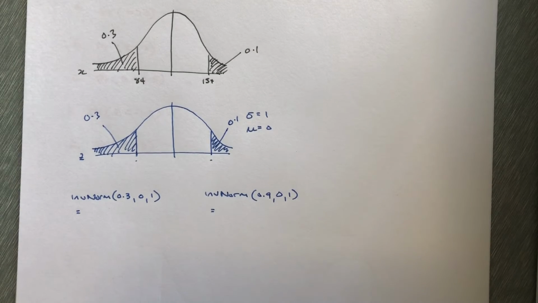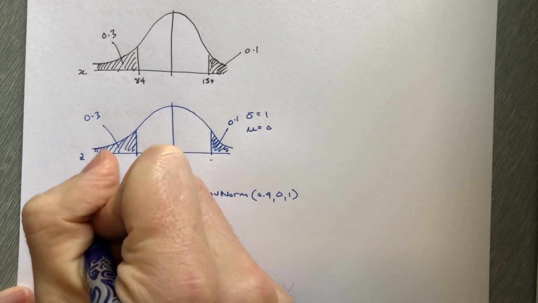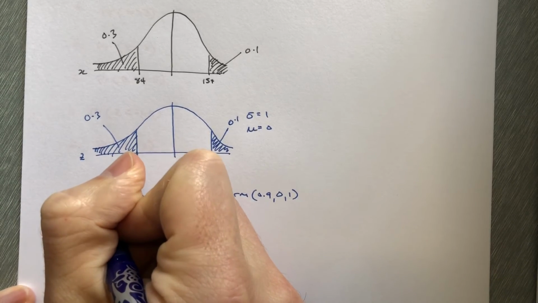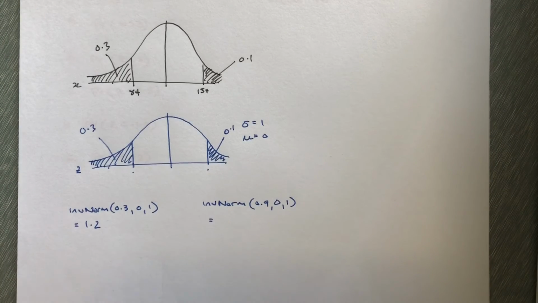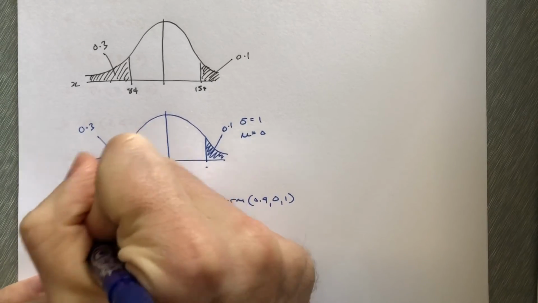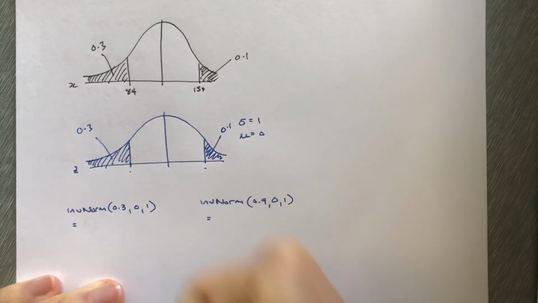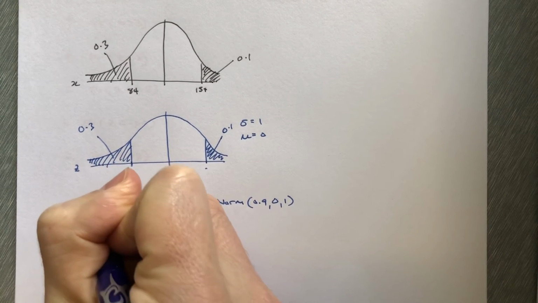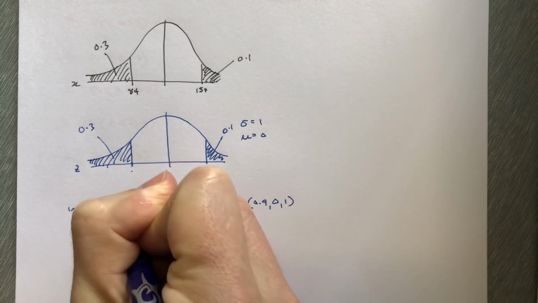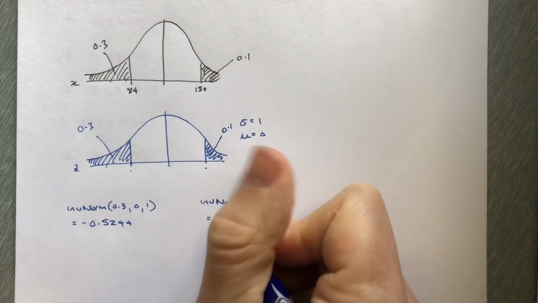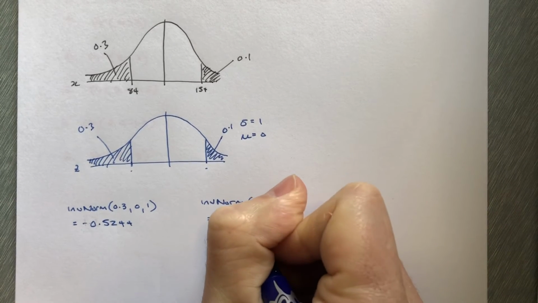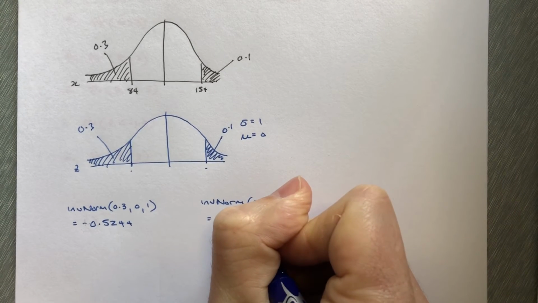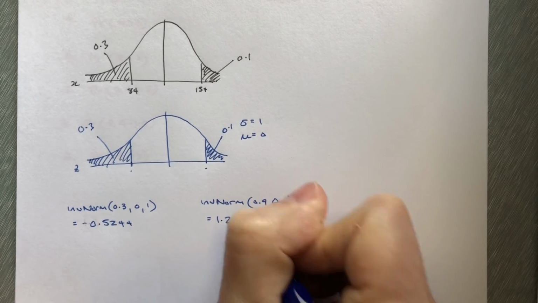When you do that, you're going to end up getting... No, that's the wrong one. Sorry. That was 0.5244. And this one was 1.2816.